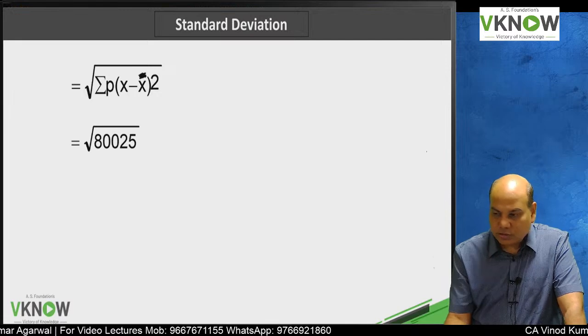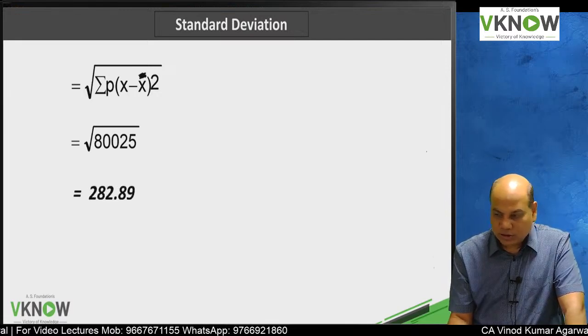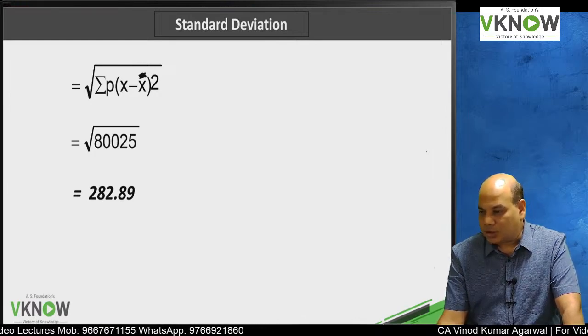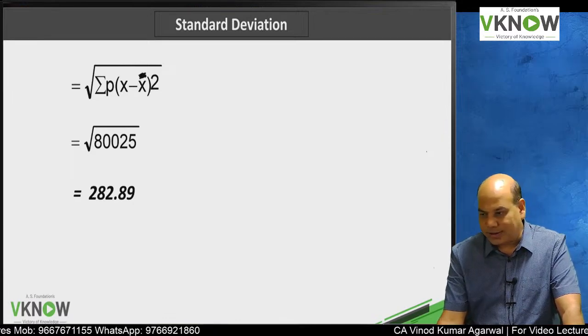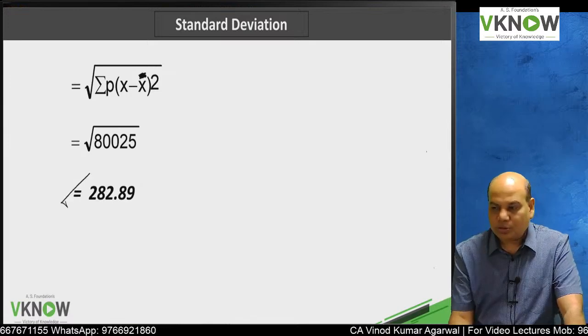So that is under root 80,025, and that comes to 282.89. That is the standard deviation, 282.89.